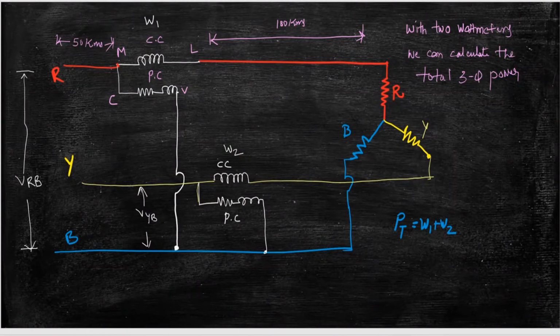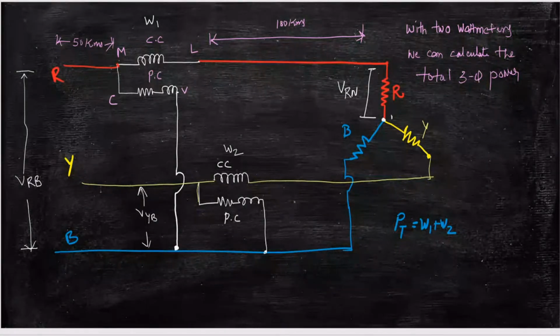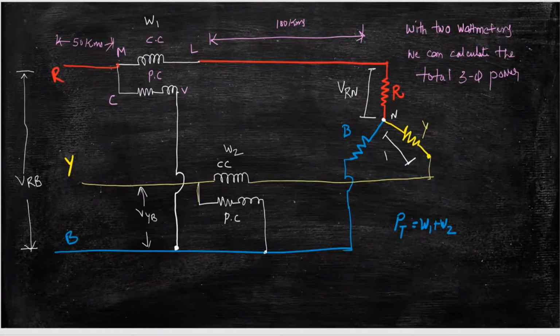This voltage I am calling VRN, because this is the point N. Similarly, this is VYN, and this is your VYB. So, clear?